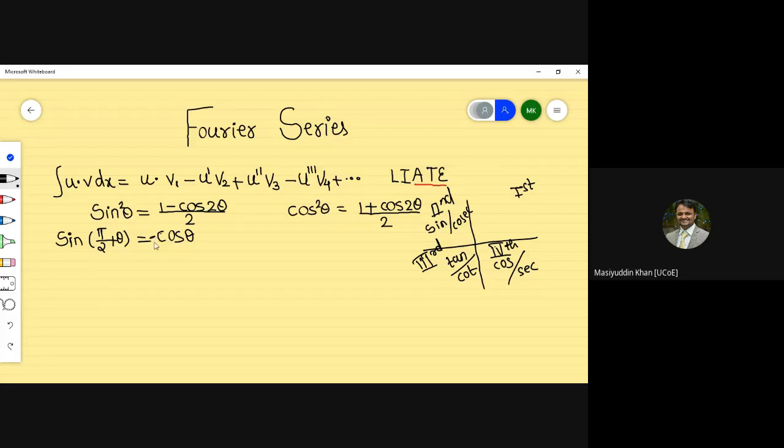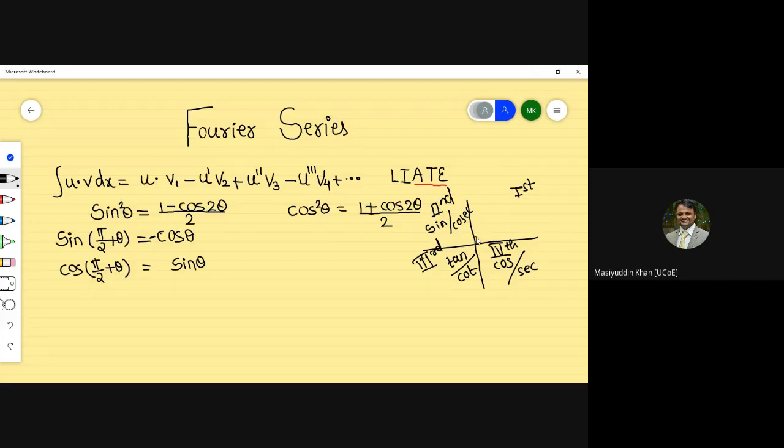Please remember this. When I take cos of pi by 2 plus theta, the cos will become sine theta, with a negative sign, because cos of pi by 2 plus something lies in the second quadrant.